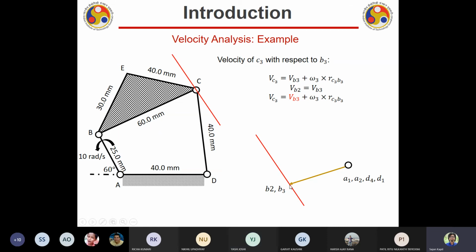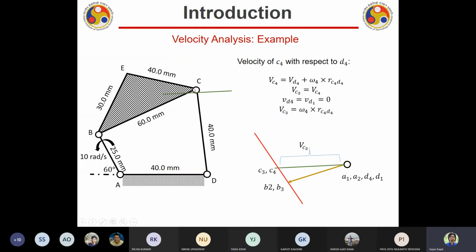The relative velocity of C3 with respect to B3 is represented by this vector, omega 3 cross RC3B3. Omega 3 will be either outward or inward. That means the velocity of C3 with respect to B3 will pass through this line, and that will be perpendicular to the line connecting BC. Correct? Yes, sir. Similarly, the velocity of C4 with respect to D4 will be perpendicular to CD because of this vector, omega 4 cross RC4D4.